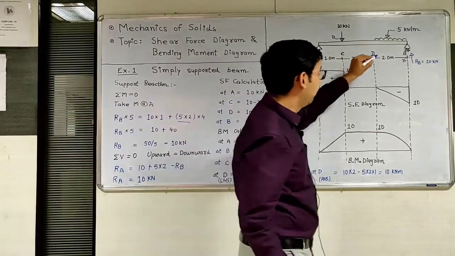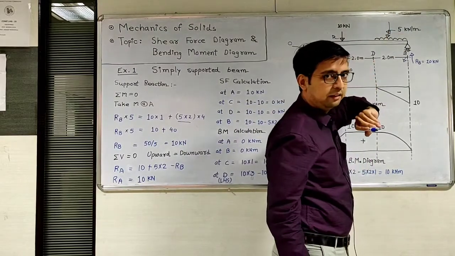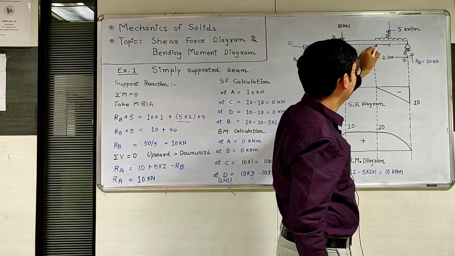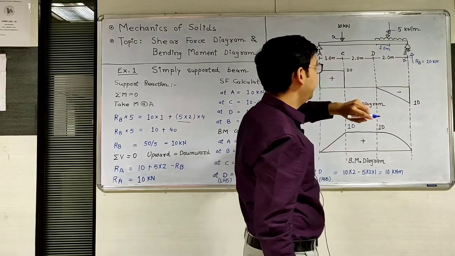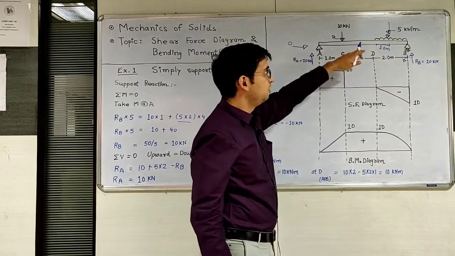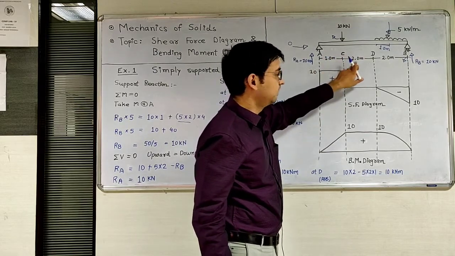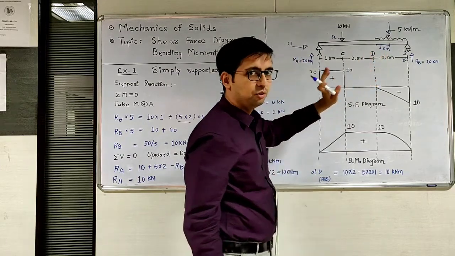Apply it at the center of this UDL span, which is 2 meter, so the center will be 1 meter. Now the perpendicular distance of this UDL point load from point A: 1 plus 2, 3, plus the center 1 meter, so we will get 4.